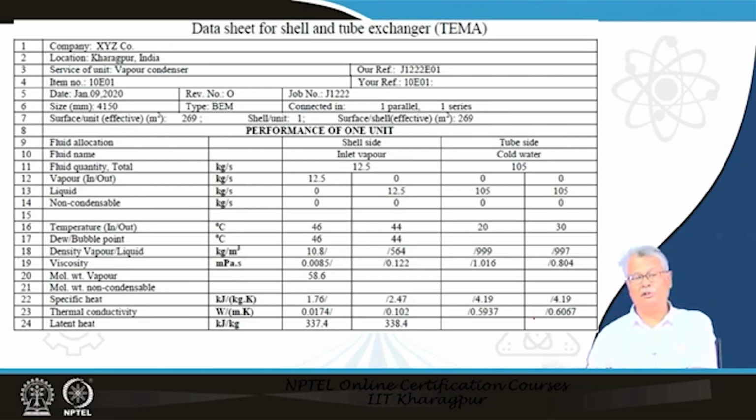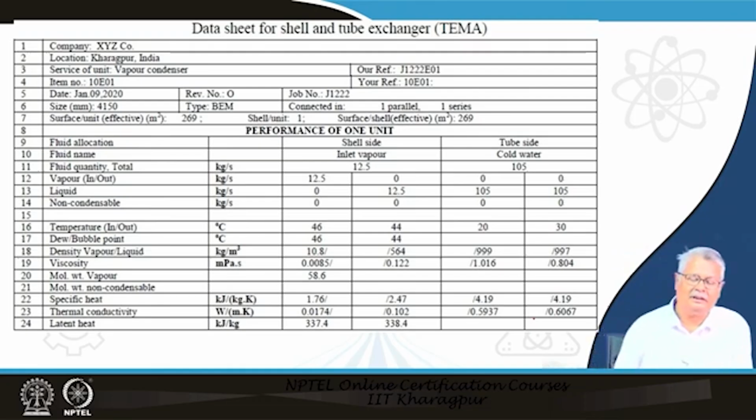But let us also have a look what should be the deliverables from that particular design step. Here what we have is a filled up data sheet for a hypothetical company at Kharagpur. So it is a vapor condenser. Normally all such details are to be provided because every designer will have a particular reference, and that reference will be there depending on the order that comes.